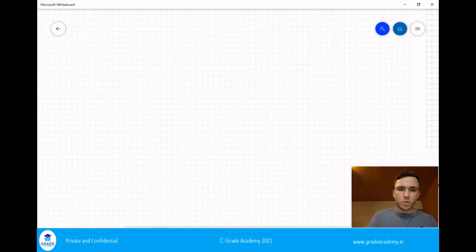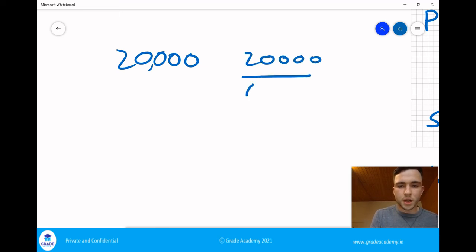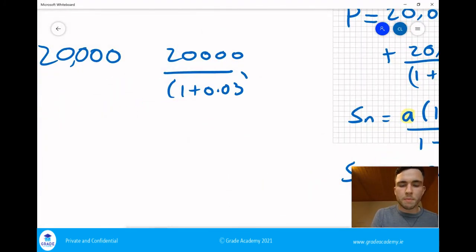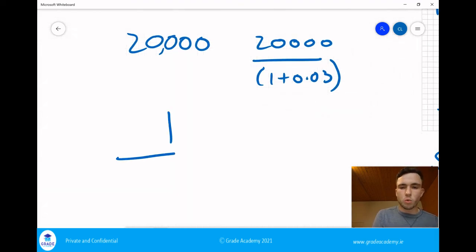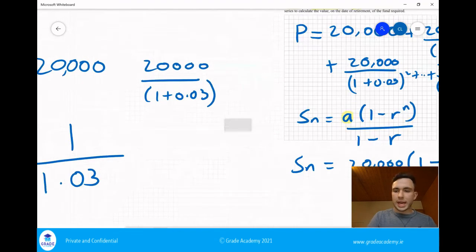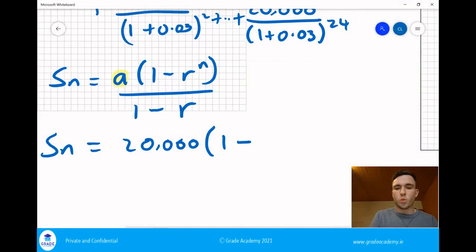Well, we have 20,000, and then the next term is 20,000 divided by 1 plus 0.03. So what are we multiplying by each time? It looks like we're multiplying by 1 over 1.03. As you can see, this power is getting bigger on the bottom, so that just confirms that is our common ratio. So our r is going to be 1 all over 1.03.